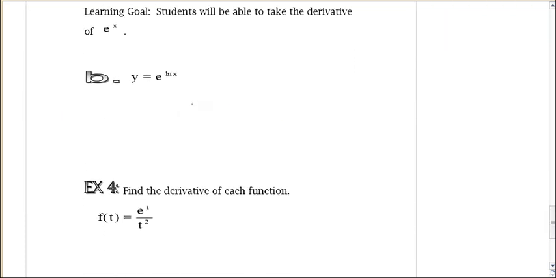Okay, so on the next one, what you want to do here is this. We can use chain rule again, but let's really take a look at this. Let's see if we know anything about e and ln.